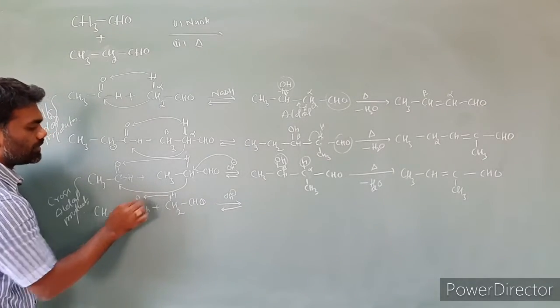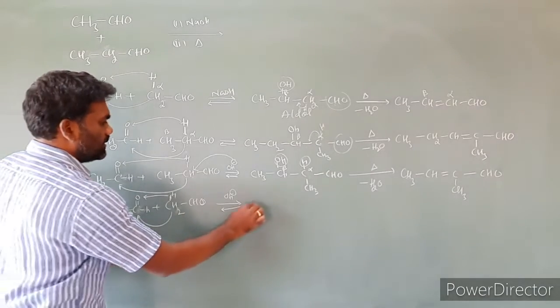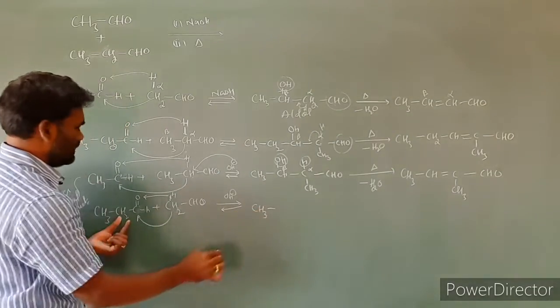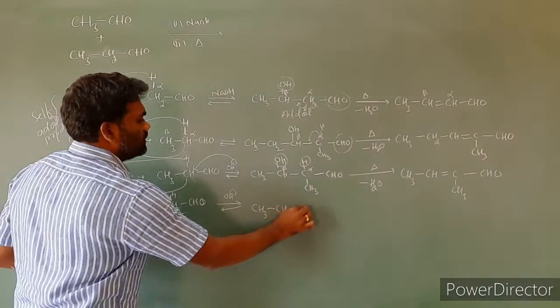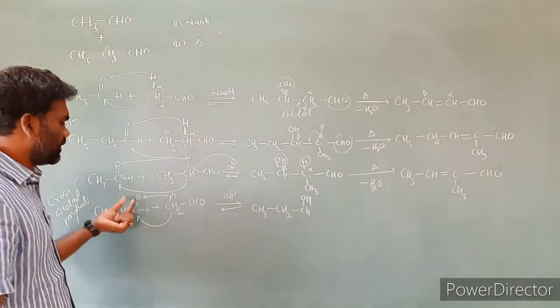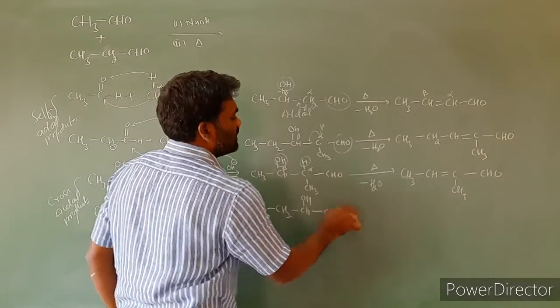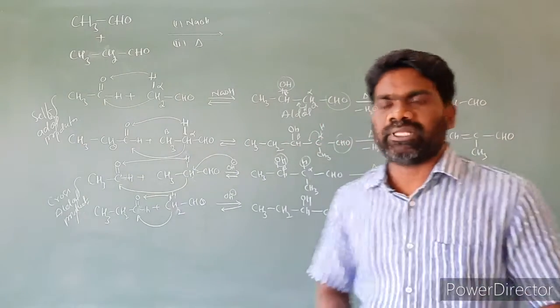This is shifted to here. This carbon is joined to this carbon. Then the product is CH3, CH2, CH, this will become OH. This hydrogen shifted here. Join this carbon and we get CH2 CHO. So this is the product formed in this reaction.